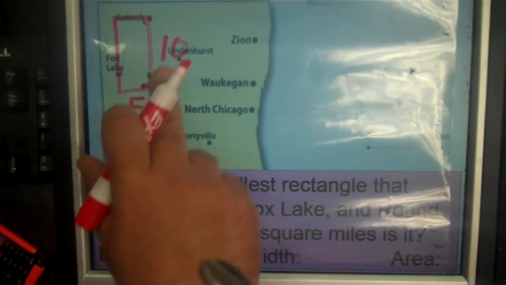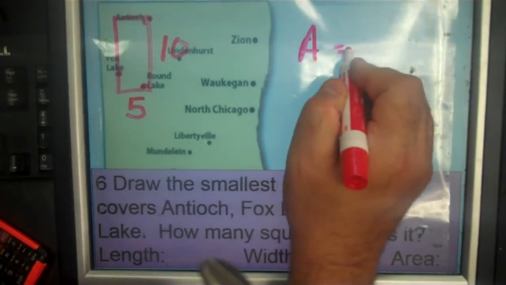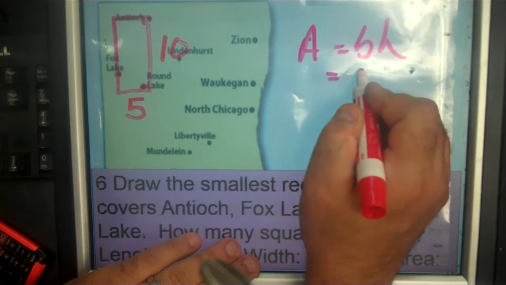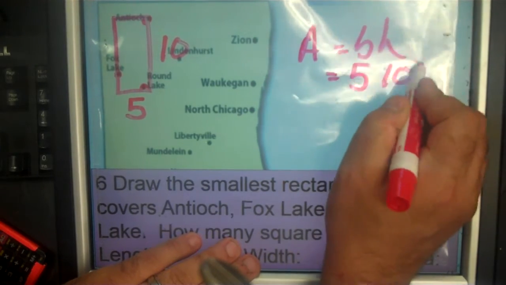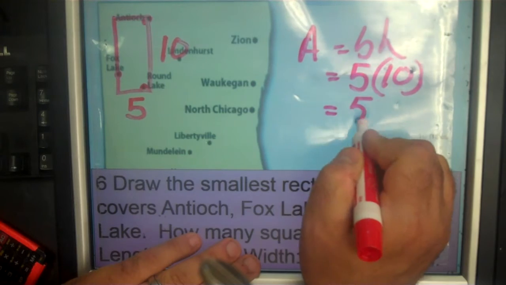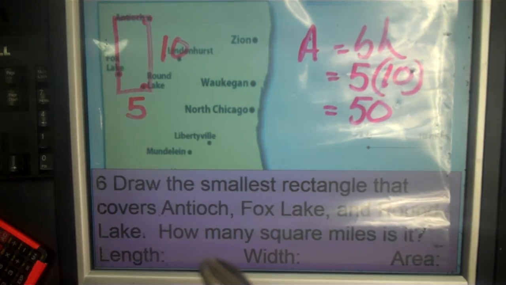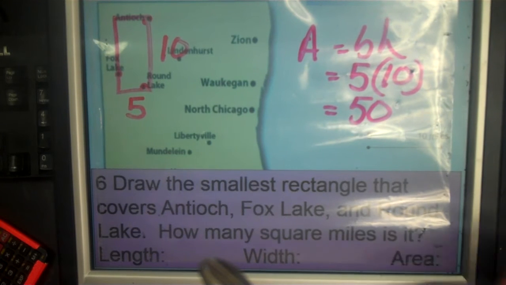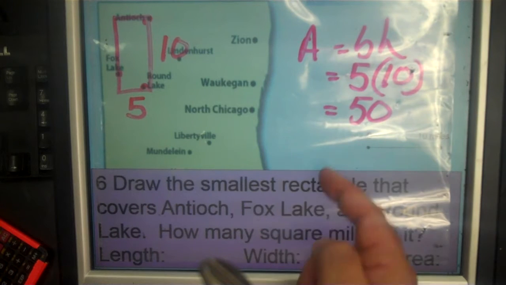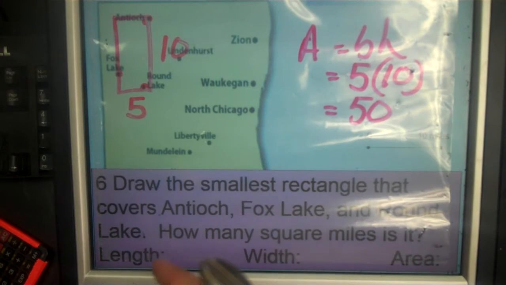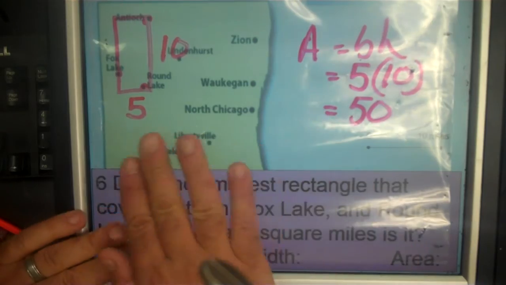So a rectangle 5 by 10 is going to have an area base times height, 5 times 10, an area of 50 square miles for that rectangle. So I said base, but the screen says length and width. So it doesn't really matter which one you call length, which one you call width. One of these is 5, one of these is 10. The whole area is 50.